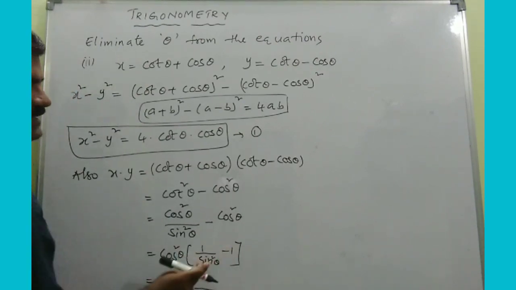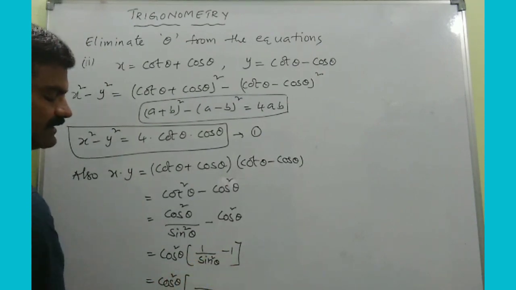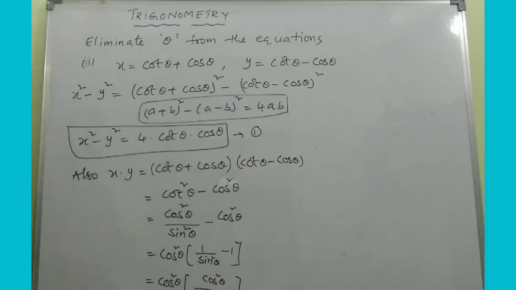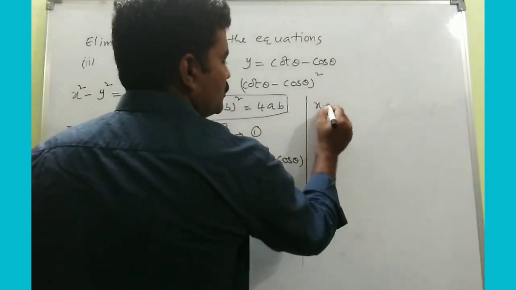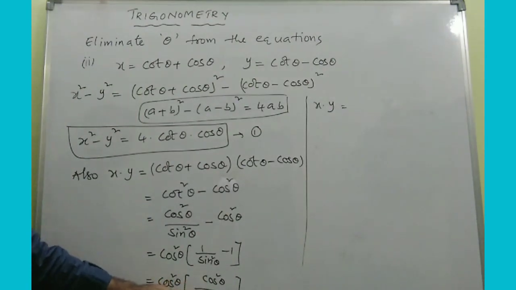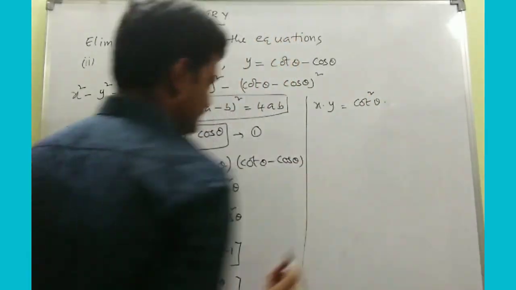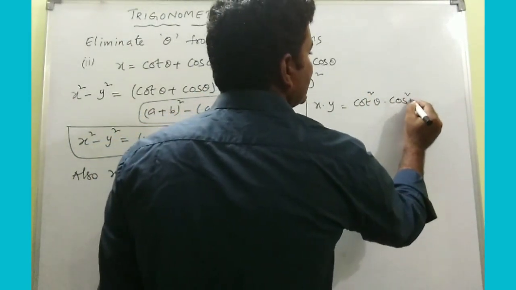Now 1 minus sin square theta, cross multiplication, you are going to get 1 minus sin square theta in the numerator. So 1 minus sin square is nothing but cos square theta. Isn't it? Hence x into y, what we got? Cos square by sin square, which is nothing but cot square theta into cos square theta.